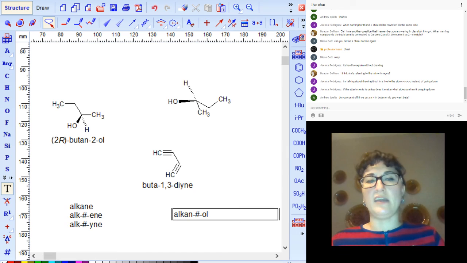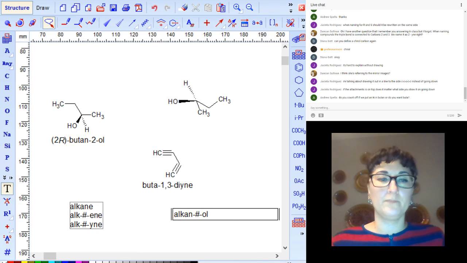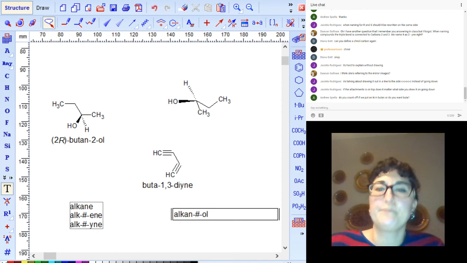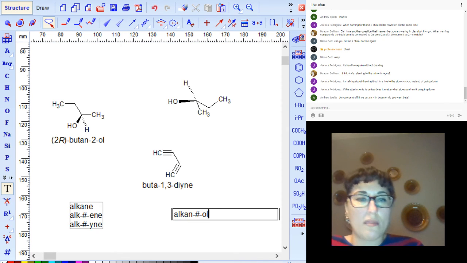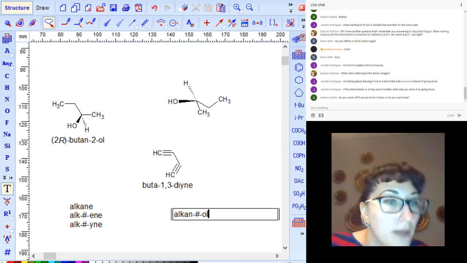You just take off the E at the end, whereas with the alkenes and alkynes, you're removing the A and E from the end and putting in that different suffix. And I usually take off a quarter of a point, if you're curious, so you're not going to fail the test if you do that.